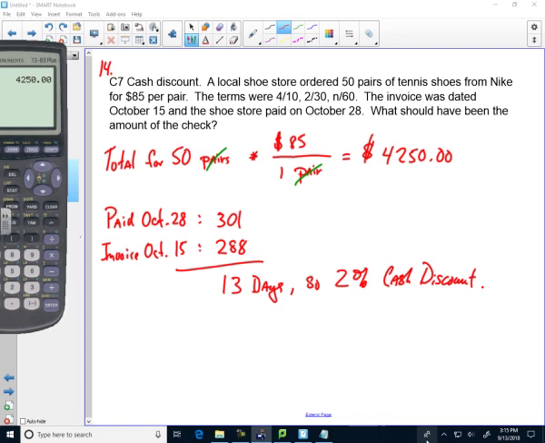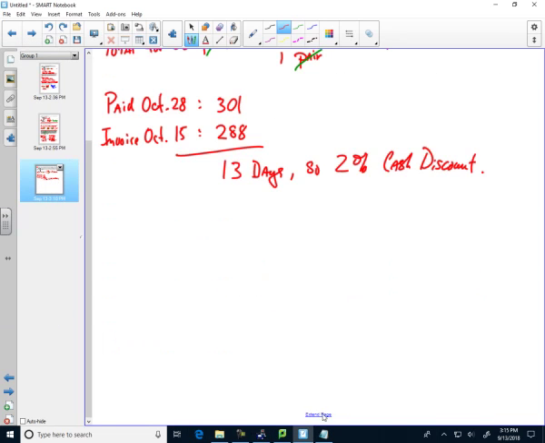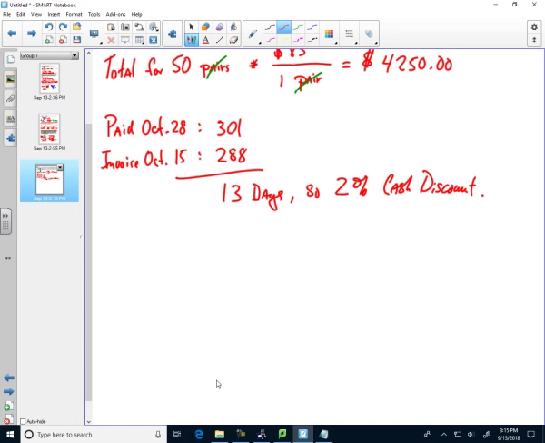And really, if you think about it, these $85 pair of what we paid for them, we're going to sell them for $150. So that's the markup. But anyway, so we get a 2% discount. So the amount to pay is going to be $4,250.